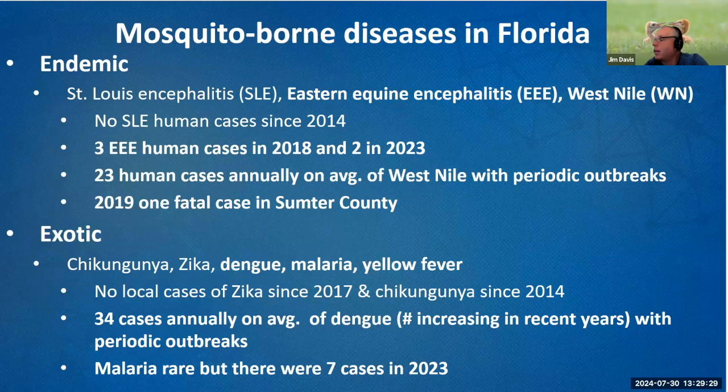But endemic again means permanently established, always circulating in the environment between the mosquitoes and non-human animal reservoirs, and it can be transmitted to humans. So, for example, the animal reservoir of West Nile is birds, and West Nile is transmitted from one bird to the next by mosquitoes.